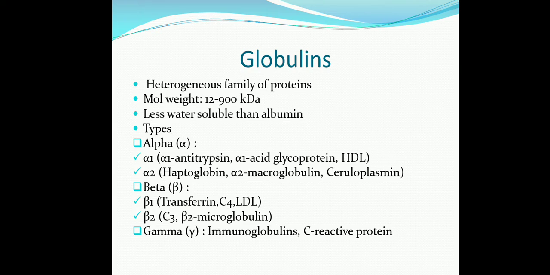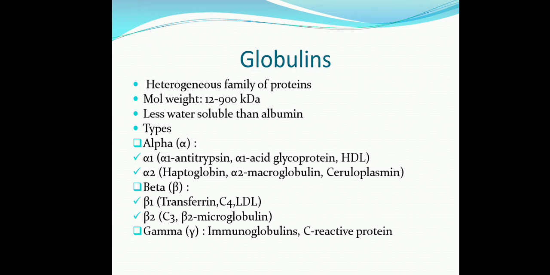The different types are alpha 1 antitrypsin, alpha 1 acid glycoprotein, HDL, alpha 2 haptoglobins, alpha 2 macroglobulins, ceruloplasmin, beta 1 transferrin, C4, LDL, beta 2 C3, beta 2 microglobulin, and gamma immunoglobulins, C reactive proteins.